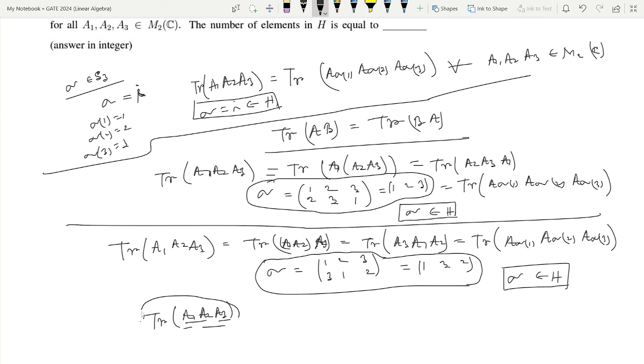All such options have been used, and for this we get three sigmas: one is sigma equal to I, and the other two are these three-cycles. So H contains only these three elements: I, (1 2 3), and (1 3 2).